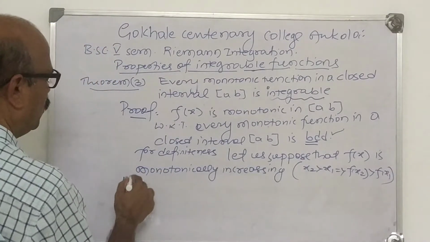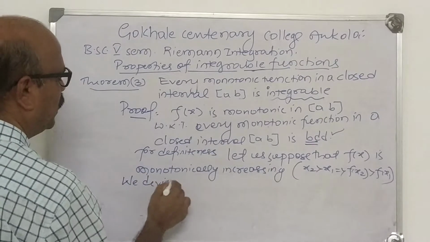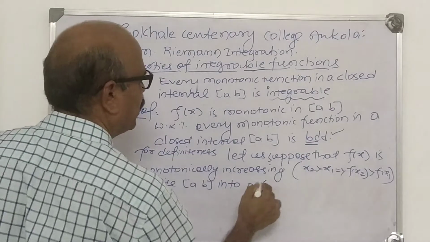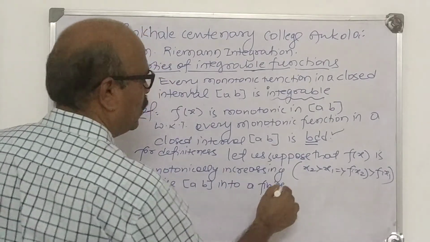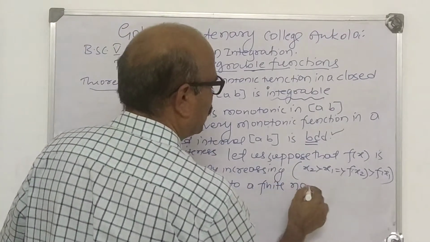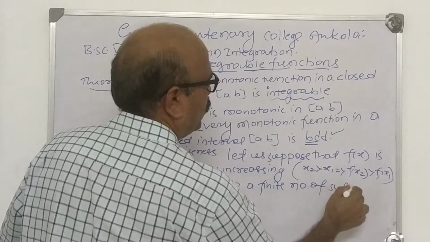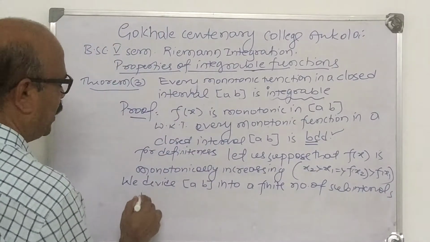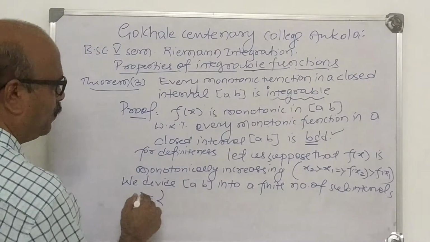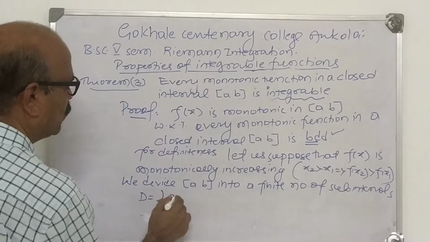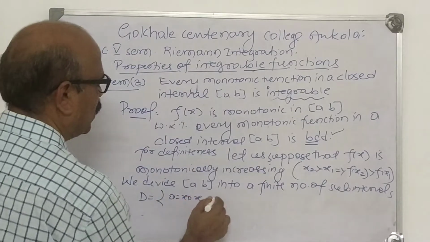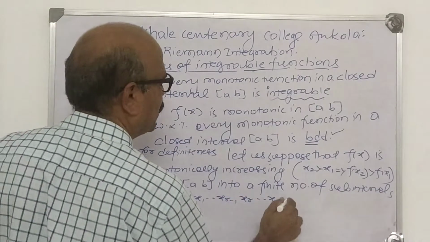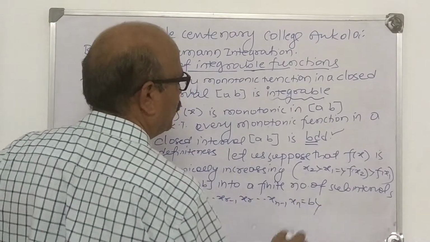Now, we divide AB into a finite number of subintervals. Say by this division, D is equal to x0, x1, ..., x(r-1), xr, ..., x(n-1), xn equal to b.